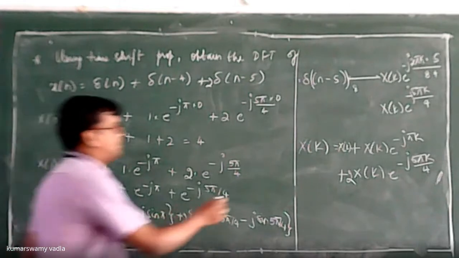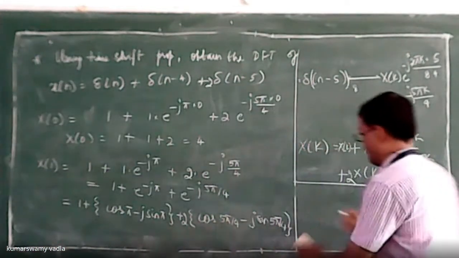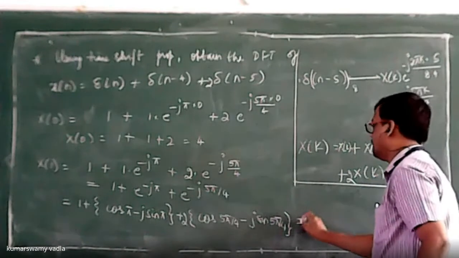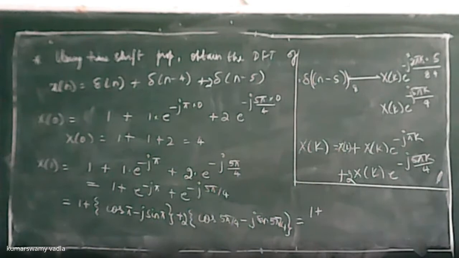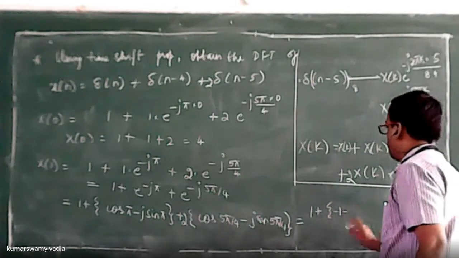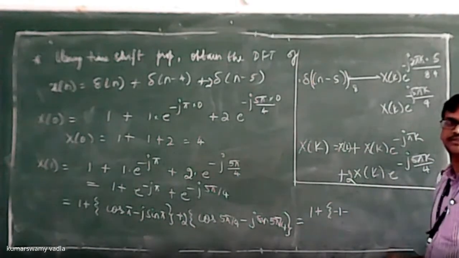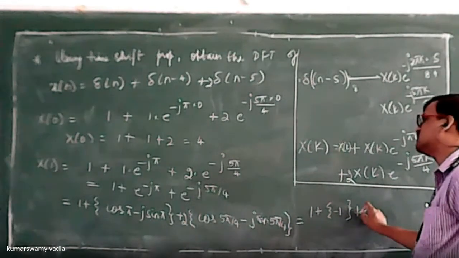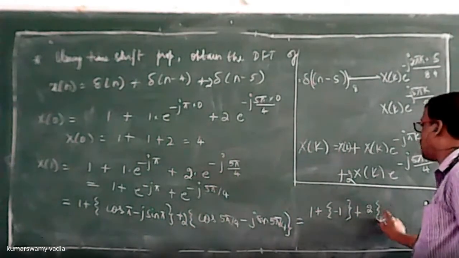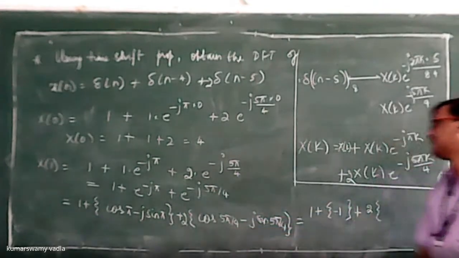So this is equivalent to, in the next line, what is the next step, please? 1 plus, what is cos 180, cos pi? Minus 1. So this is minus 1 minus j sin 180, which is 0, sir. So I will write down only this part. Plus 2 into, what is cos pi by 4, friends? Minus 1 by root 2, sir.